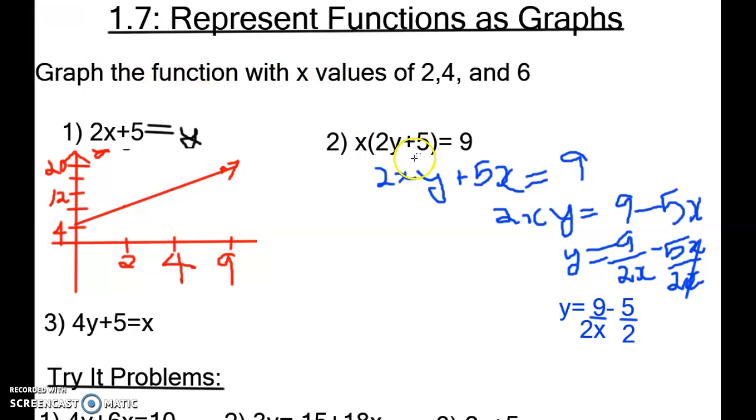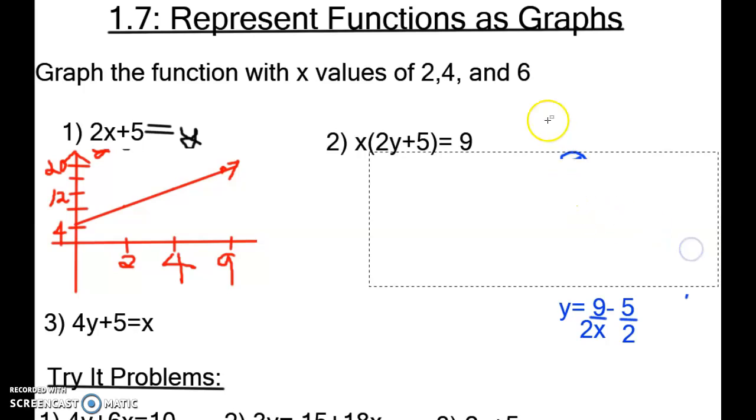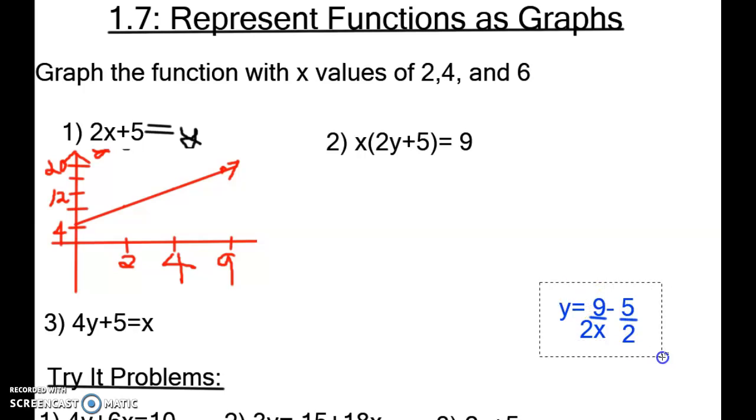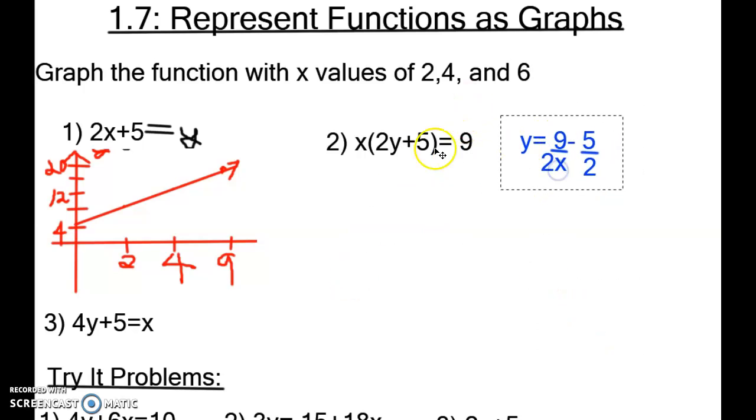So you can remove all of this. Copy, paste. Right, so this leads us to that equation.